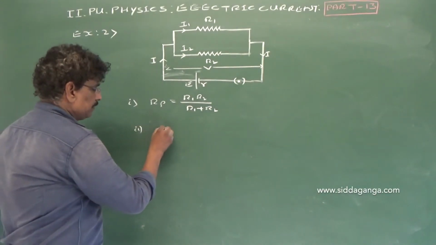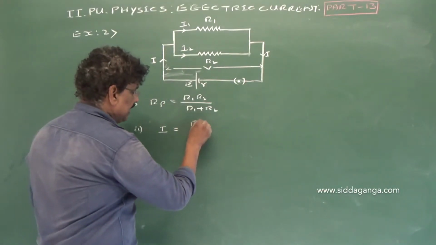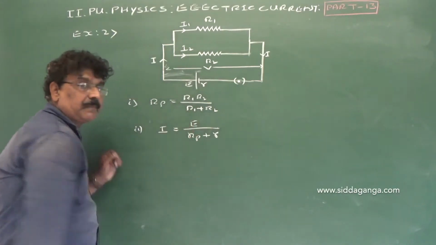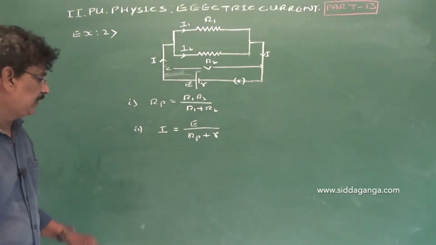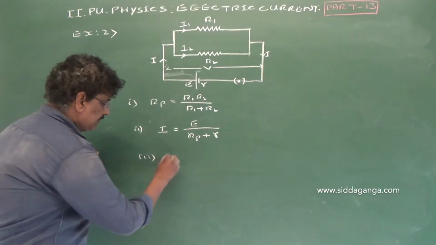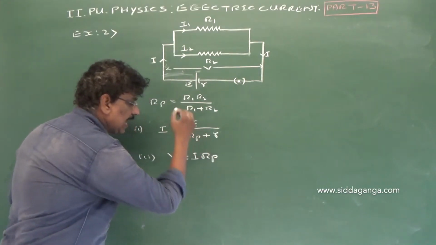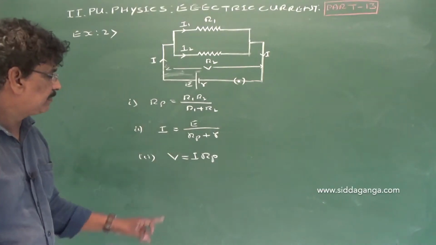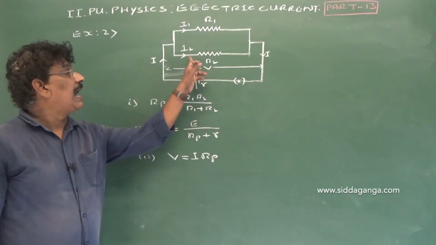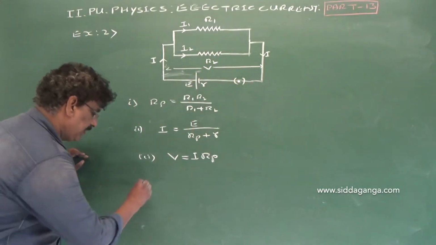Number 2, main current in the circuit I is equal to E by Rp plus R. Third one, potential difference V is equal to I into Rp, the product of current and resistance.